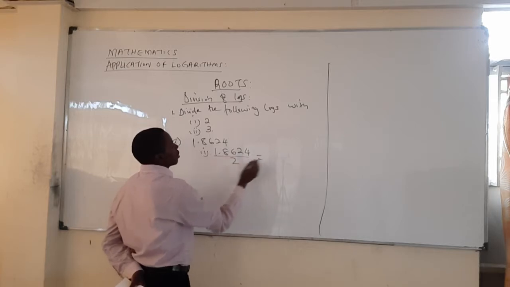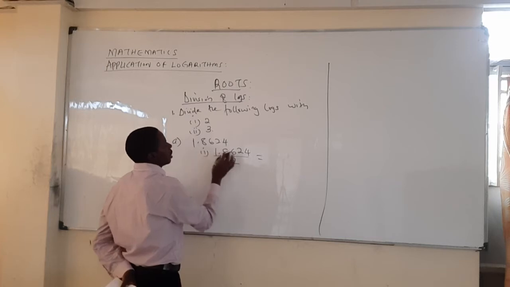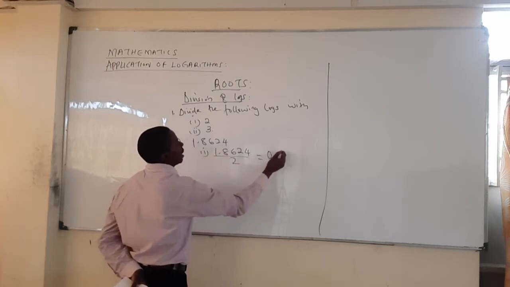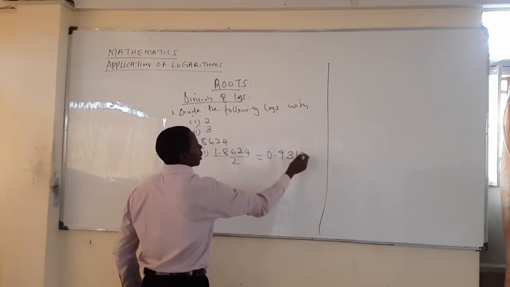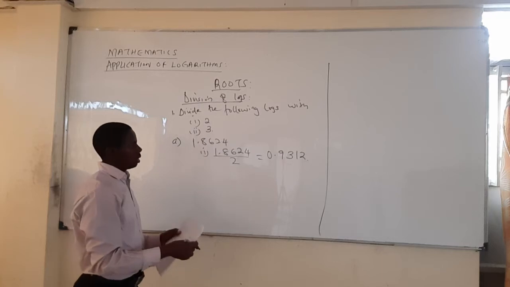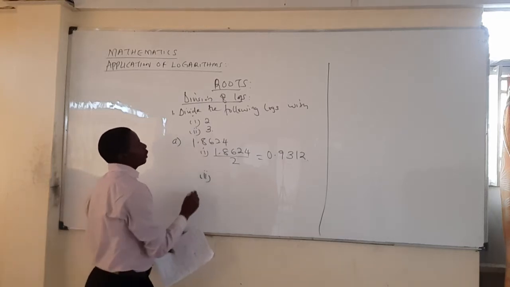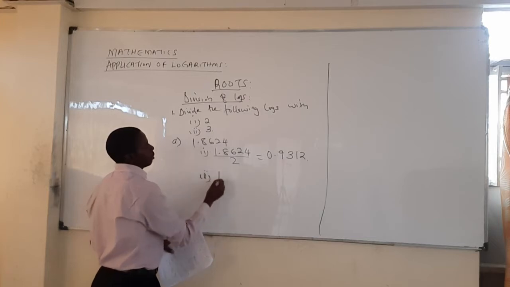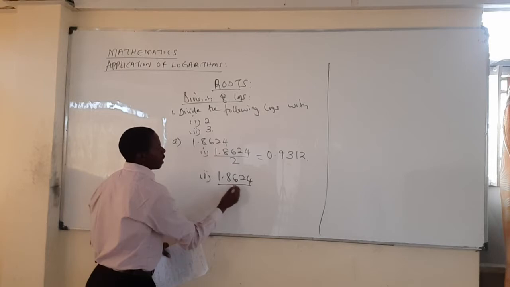1.8624 by 2, you get 0.9312. So that's how you divide by 2. There's no issue there. Then part 2, we divide by 3. The same 1.8624 divided by 3.